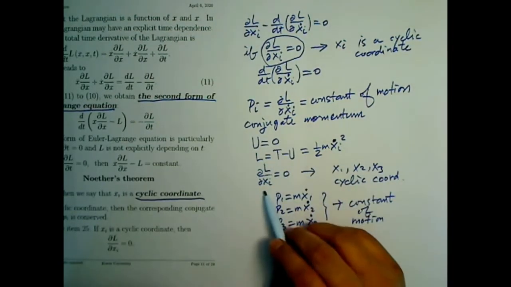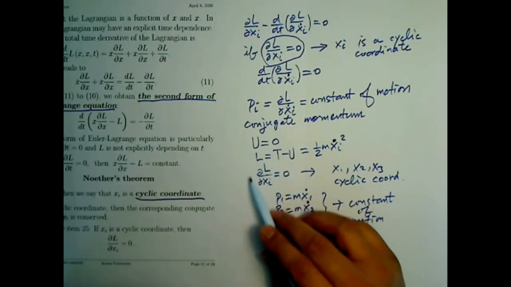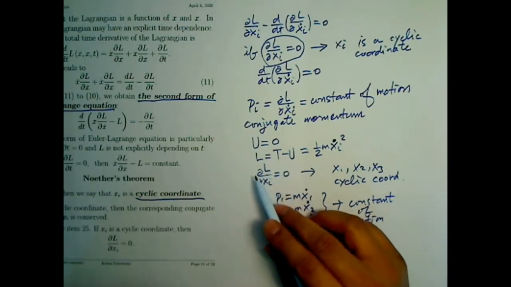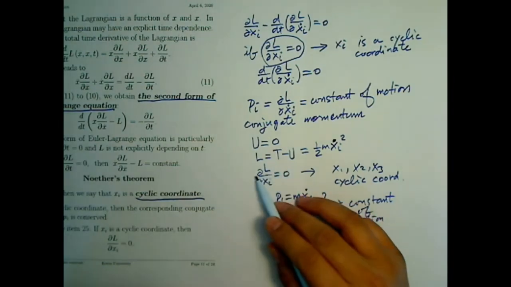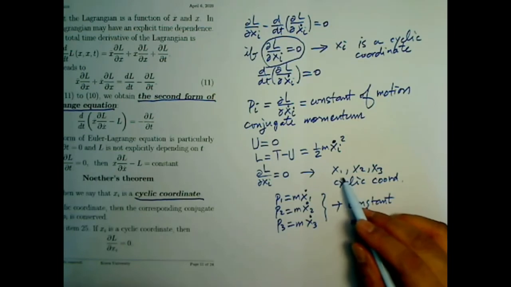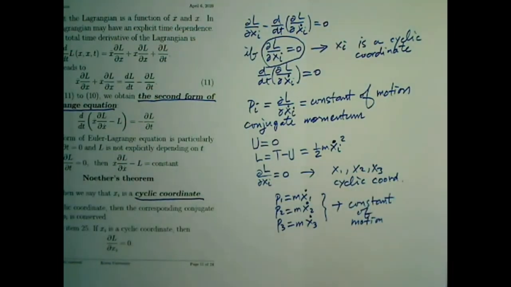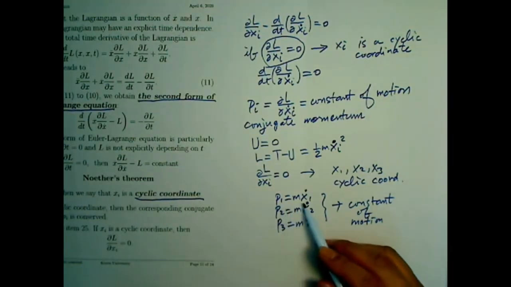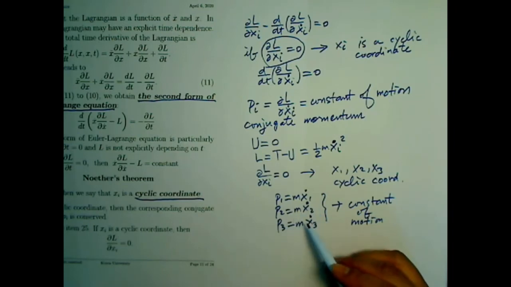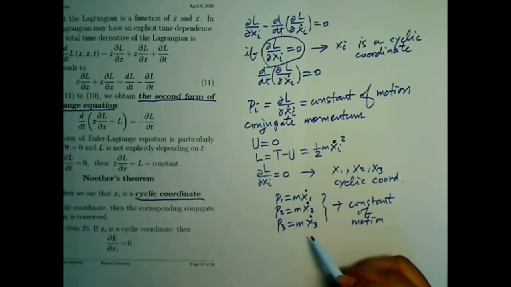If I take the derivative with respect to any coordinate, the Lagrangian's partial derivative is 0. So all the coordinates x1, x2, and x3 are cyclic coordinates. The corresponding conjugate momenta p1 = mx1 dot, p2 = mx2 dot, p3 = mx3 dot, all of them are constants of motion.